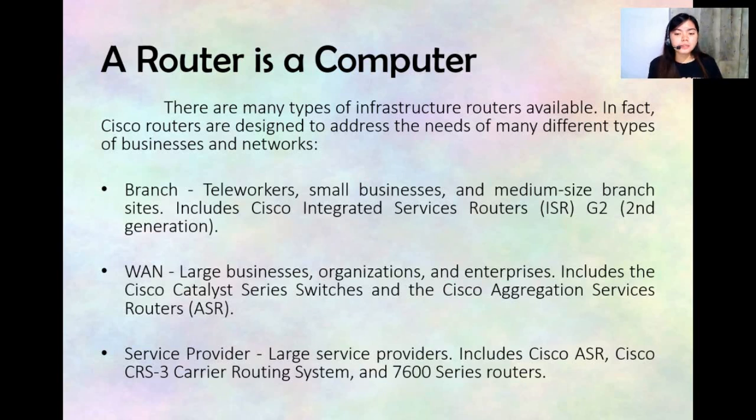Large businesses, organizations, and enterprises include the Cisco Catalyst Series switches and Cisco Aggregation Services Routers, or the ASR. Service provider: large service providers include the Cisco ASR, Cisco CRS-3 carrier routing, and 7600 series routers.